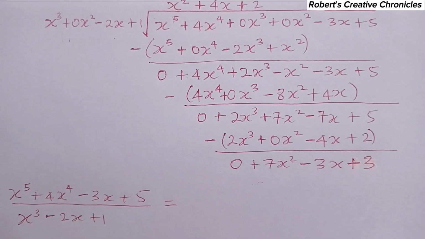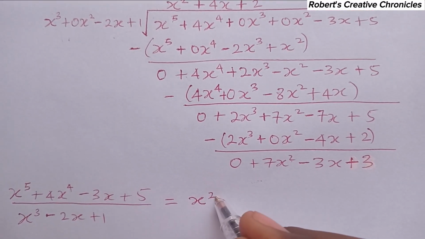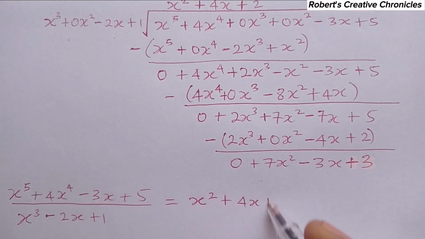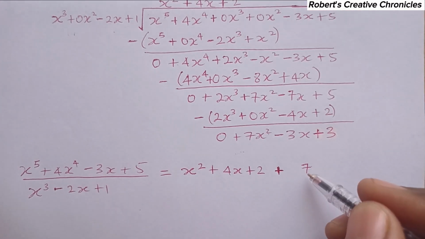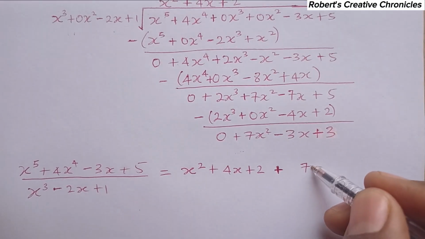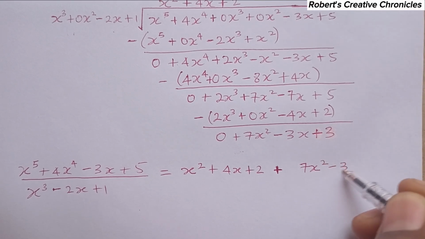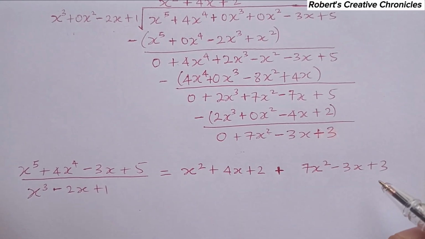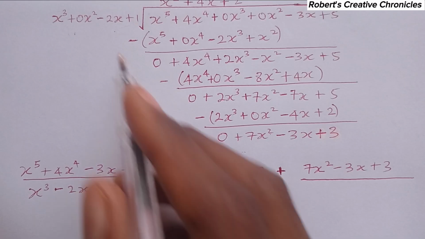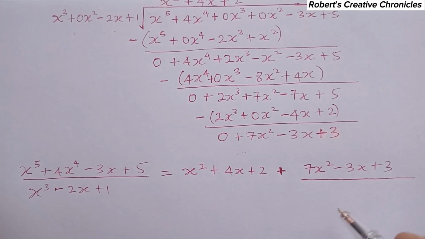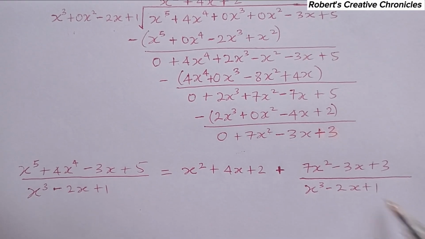We can express it as the quotient x squared plus 4x plus 2, plus the remainder, which is 7x squared minus 3x plus 3, divided by the divisor, which is x cubed minus 2x plus 1.